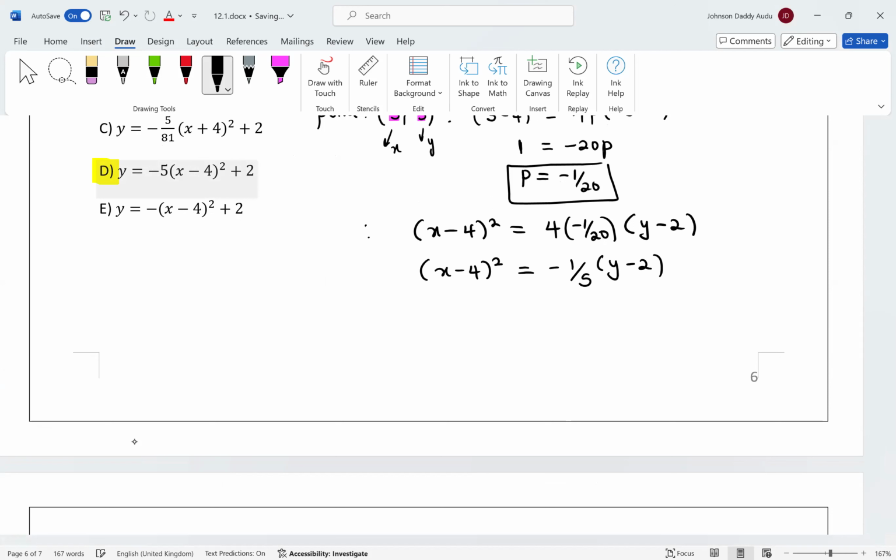And since everything is written in terms of Y first, then you can multiply both sides. So this is minus 5, X minus 4 squared is equal to Y minus 2. And you can write it as Y is equal to minus 5, X minus 4 squared plus 2. So this is the final answer.